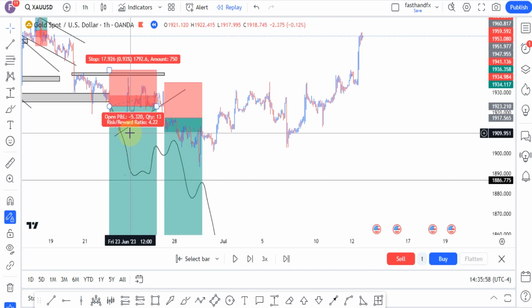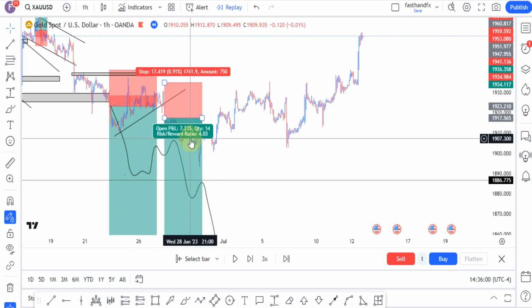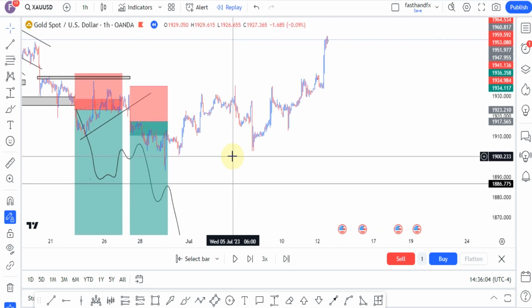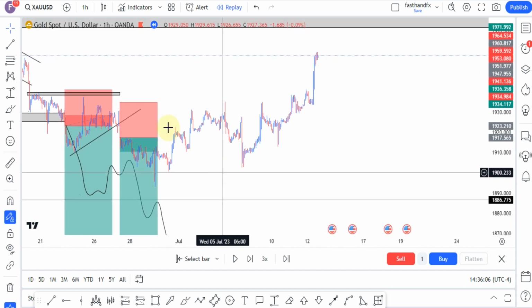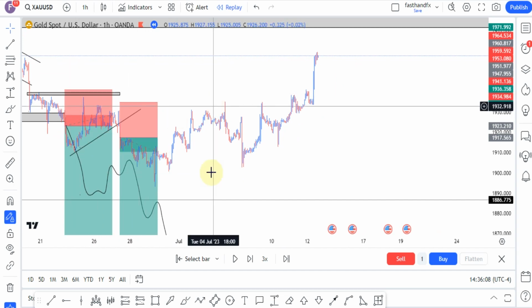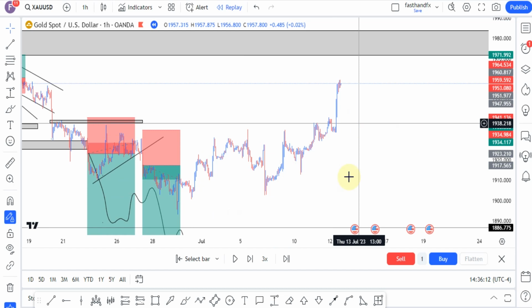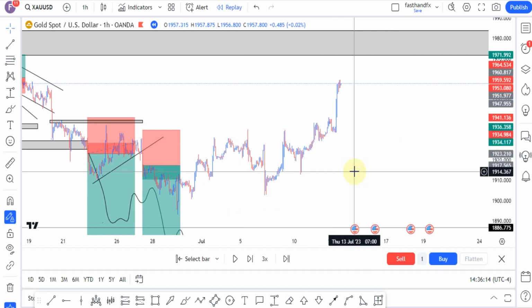Here the market gave us 300 pips, then 200, around 220 pips, and it came all the way up to this area. Let's see if we'll get another entry from there.